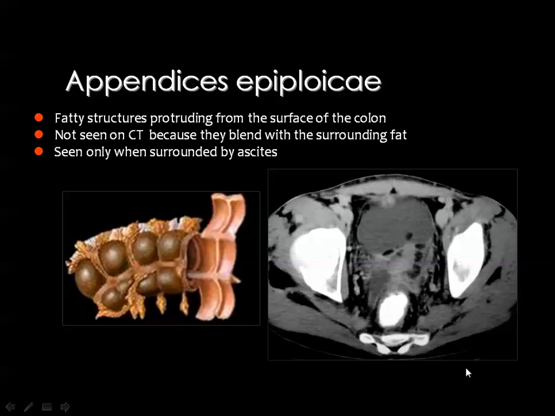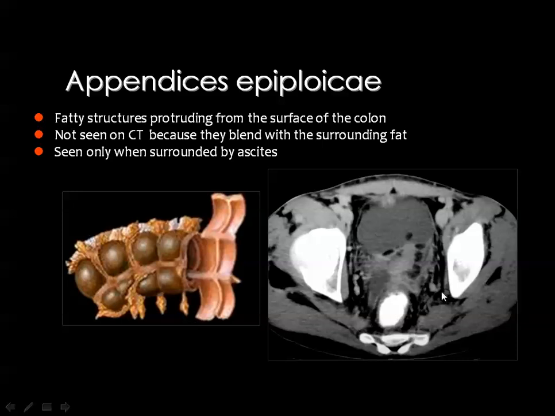Then epiploic appendicitis is inflammation of the appendices epiploicae. The appendices epiploicae are fat projections related to the wall of the colon, and these fat projections are not usually seen in CT scans of the abdomen unless the patient has intraperitoneal fluid.